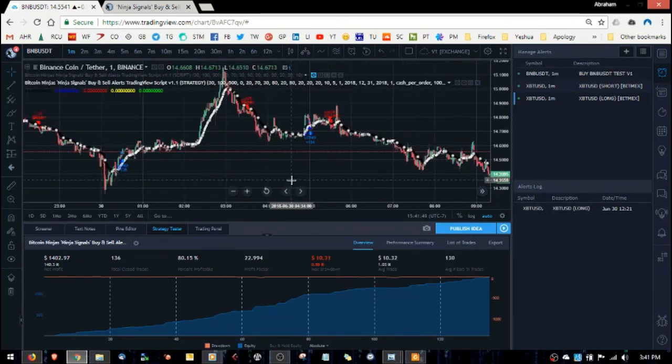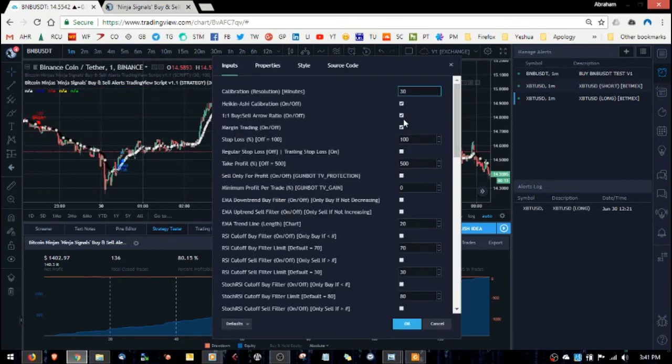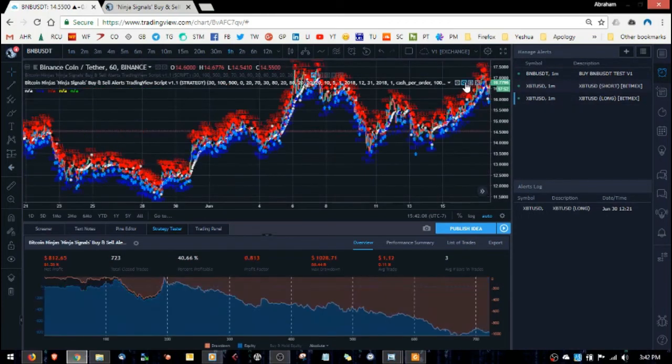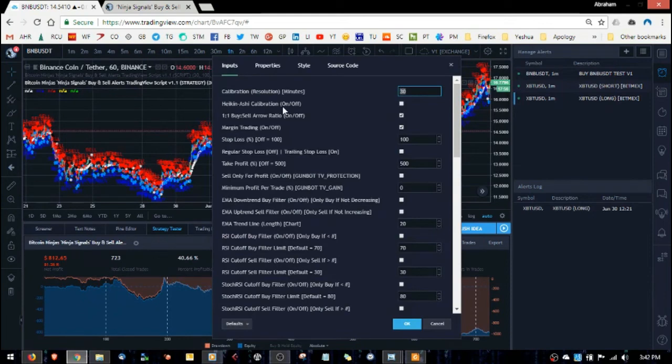Right now we're using version 1, and so we don't need the Heikin-Ashi calibration candle setting on, but in this particular case, it's on. So for both versions of the script, we typically recommend using larger candle sizes. Typically 1 hour or more helps to minimize price slippage, and so what you would do is you'd select 1 hour, and you would adjust your calibration number.